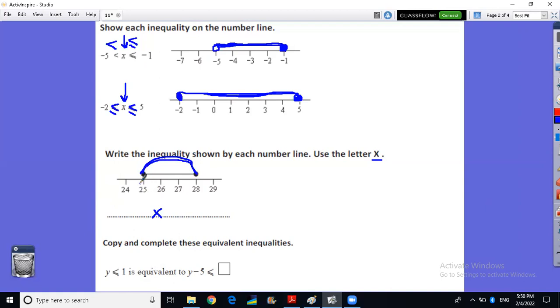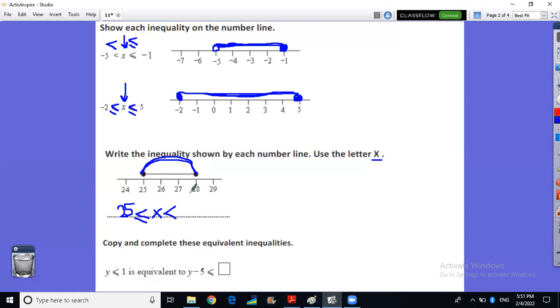It is from 25 to 28. So definitely it's greater than. It says here that X is greater than. Is it or equal to, or is the circle here open? No, it is not open, it's closed. So it is or equal to what? 25. Okay. And it is less than.